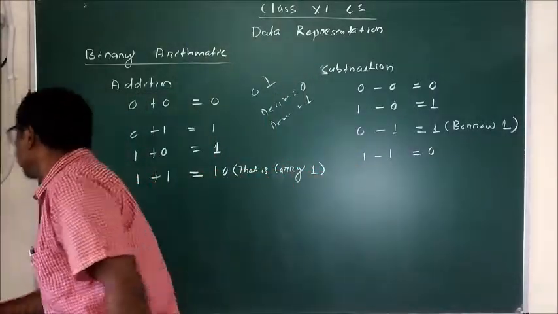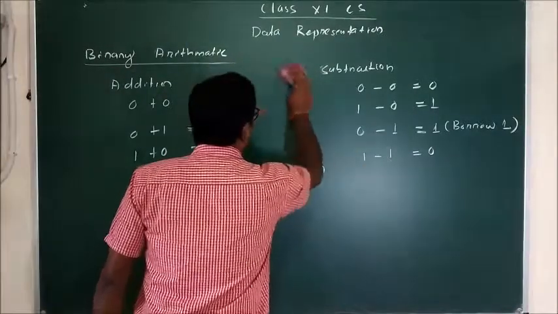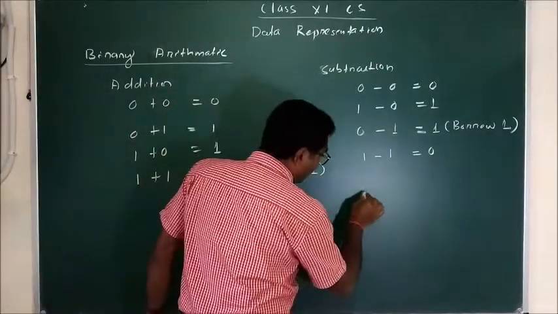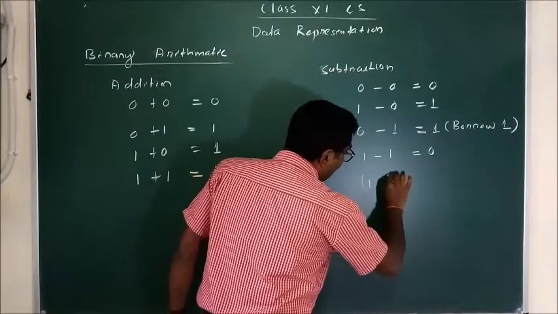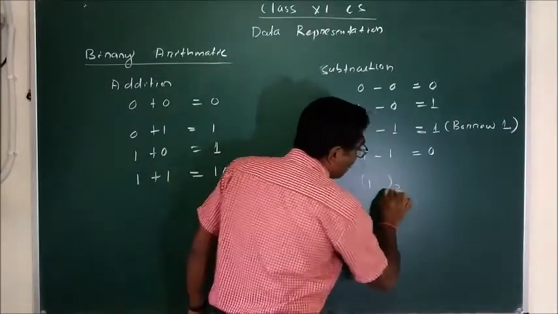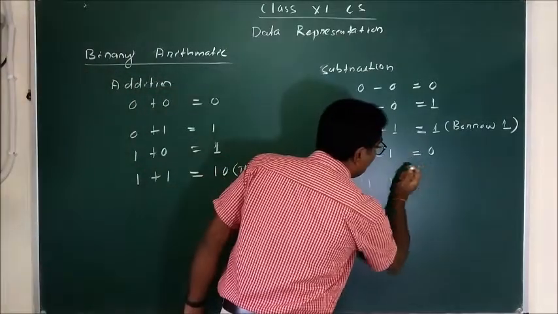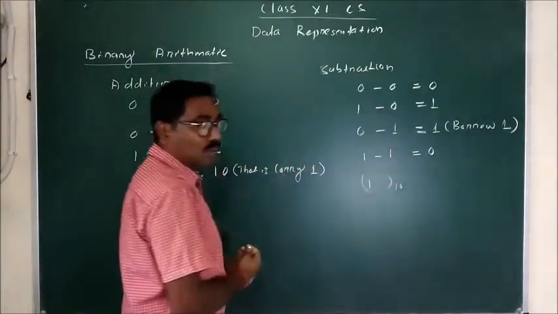How is it possible? Because I am showing you a little example here. Suppose a number is 1 base 2 and we have to convert it into base 10, or rather into base 2.